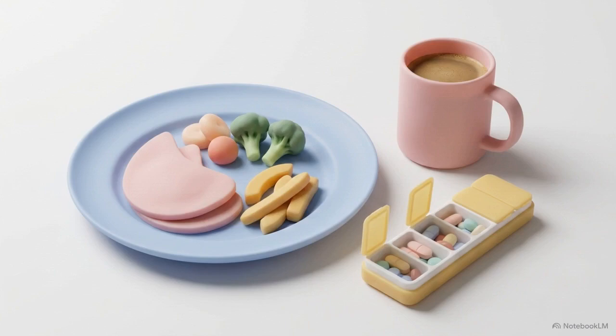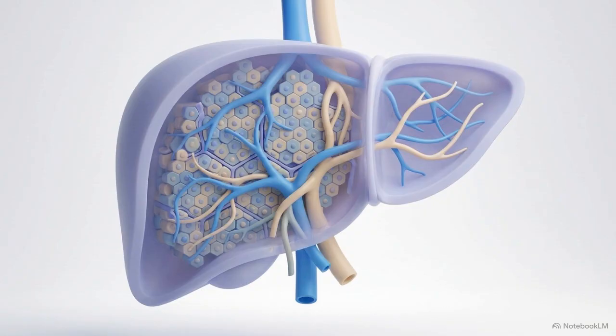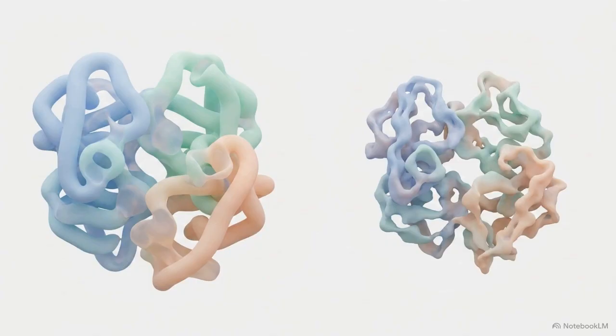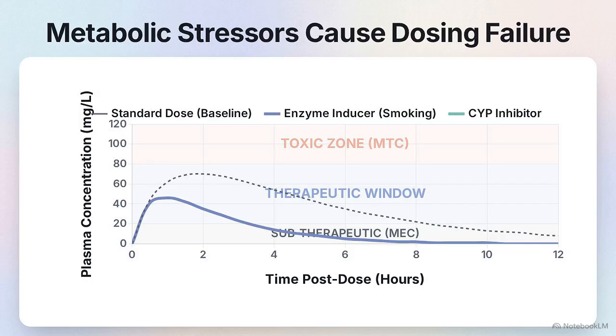Environmental factors, specifically drug-drug and food interactions, act on the cytochrome P450 system, either inducing or inhibiting metabolism. Enzyme inducers like heavy smoking accelerate liver metabolism. The resulting curve rapidly plummets below the minimum effective concentration, causing therapeutic failure.